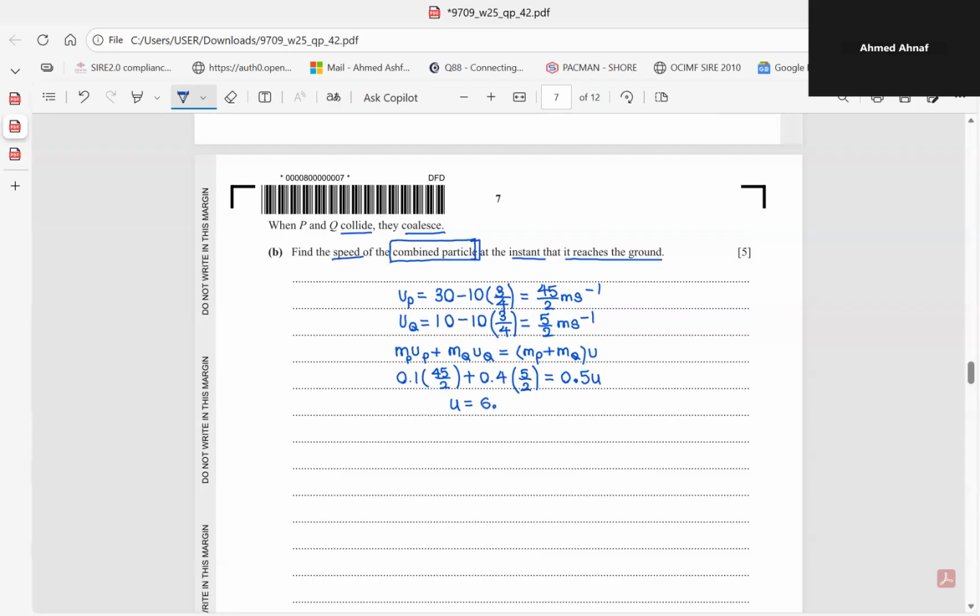U is equal to 6.5 meters per second. So this is the initial speed of the combined particle.